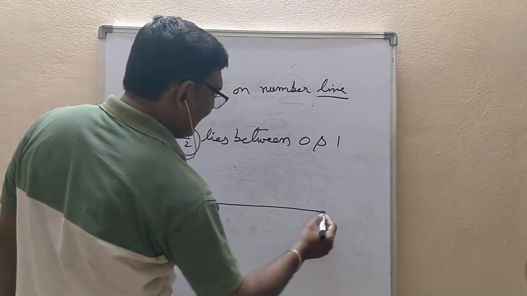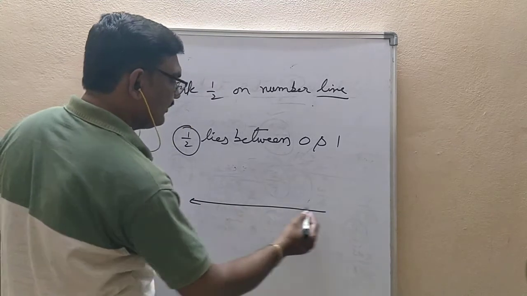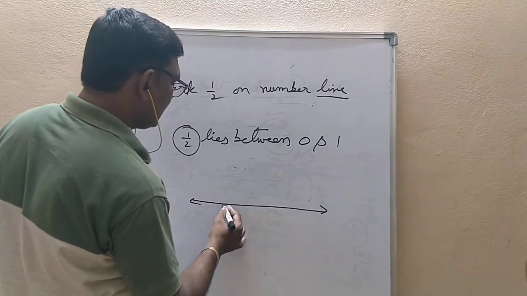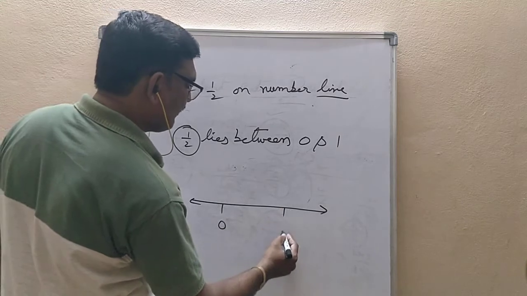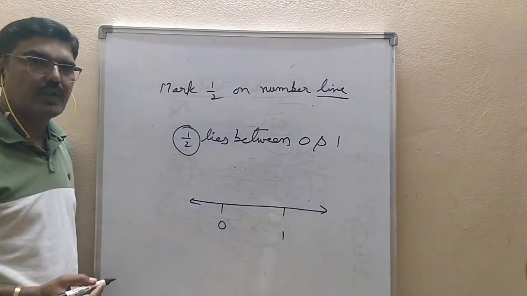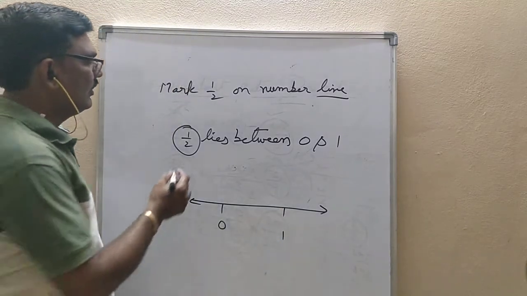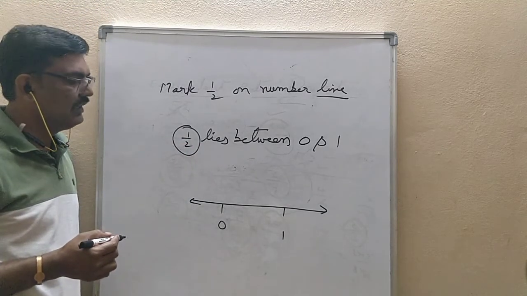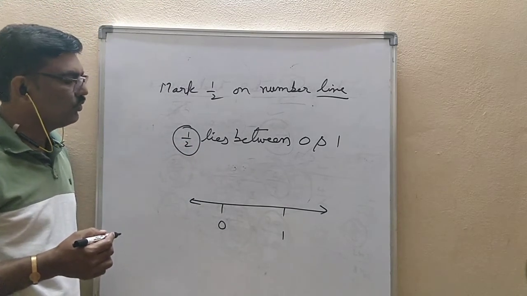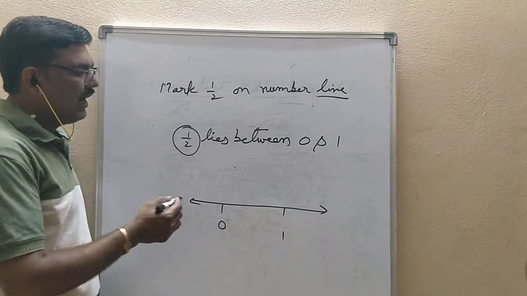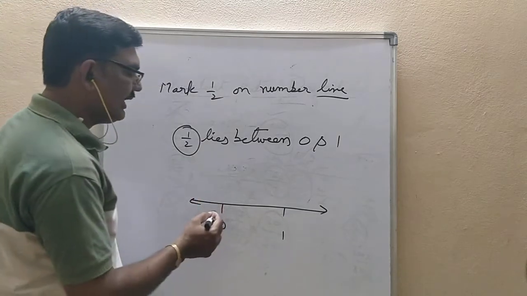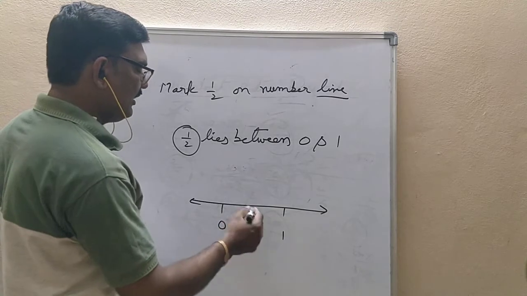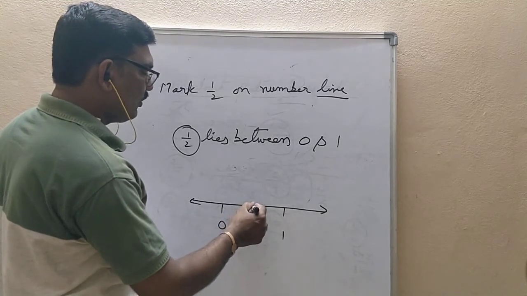So what you have to do is draw a number line and mark 0, mark 1. So now, in the denominator what do you have here? 2 is there. In the denominator you have 2. Means you have to divide 0 and 1 into 2 equal parts.